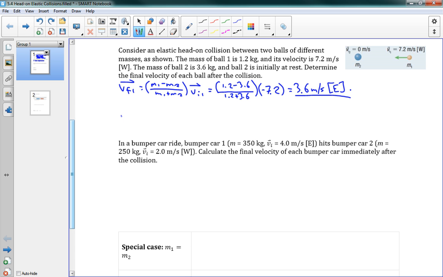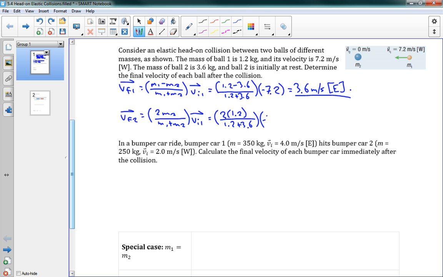And the second half, VF2, this is going to equal, in this case, 2M2 over (M1 plus M2) times VI1. Okay, we'll plug in our values here. We get 2 times 1.2 over 1.2 plus 3.6.